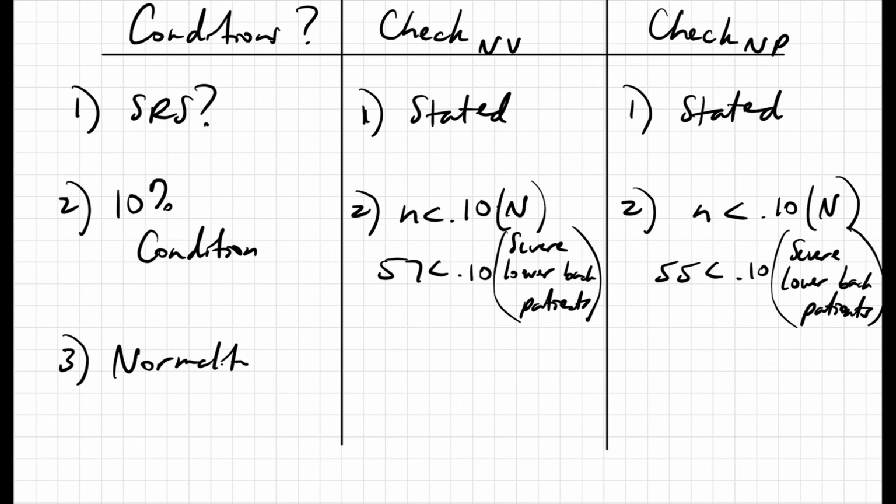Last one, normality. Since it's a proportion, we're going to use np greater than or equal to 10, and n(1 minus p) greater than or equal to 10.